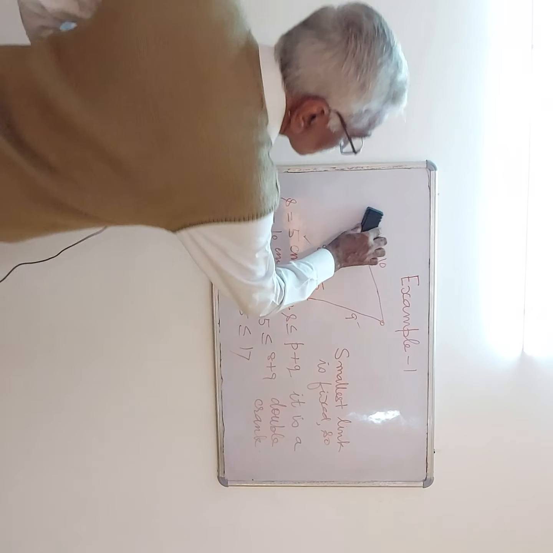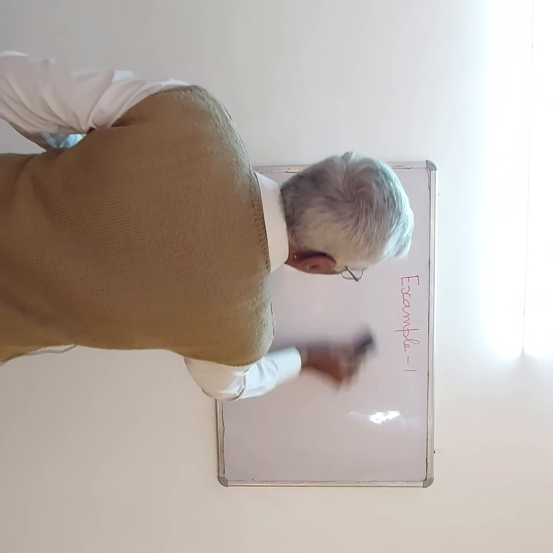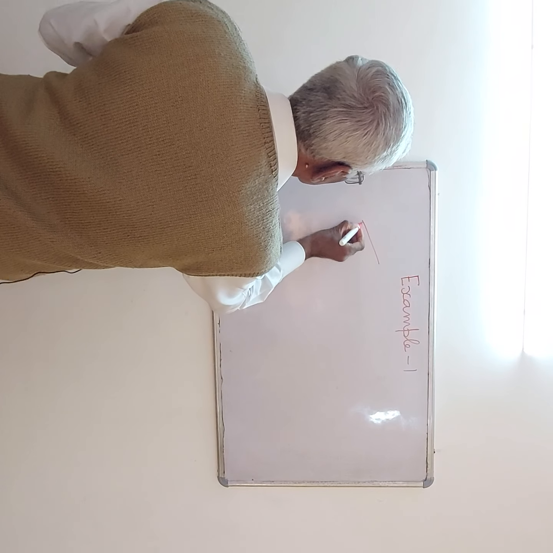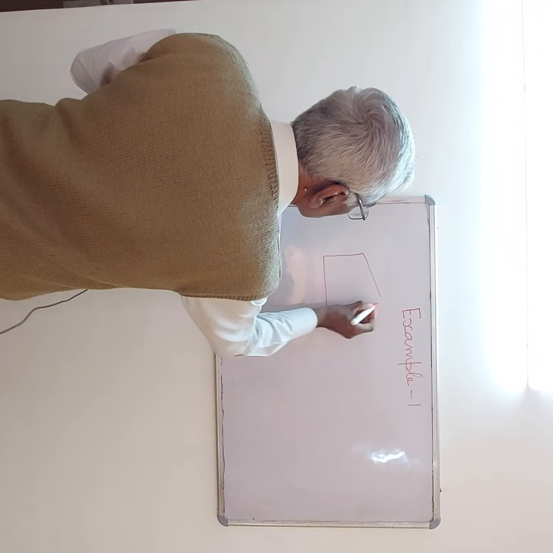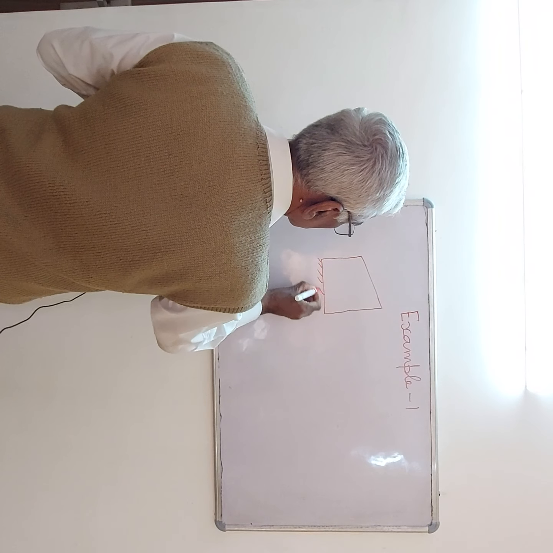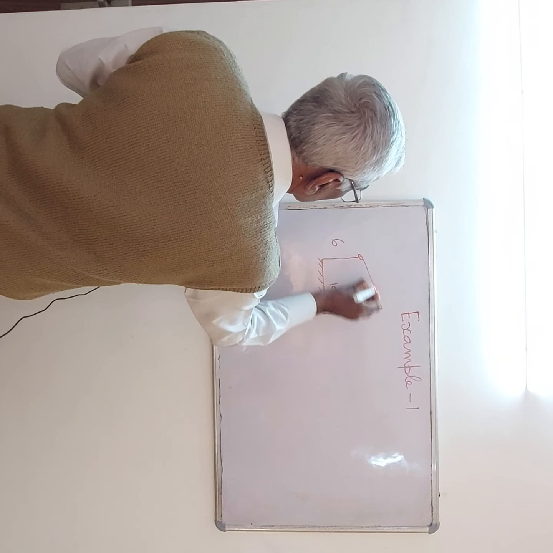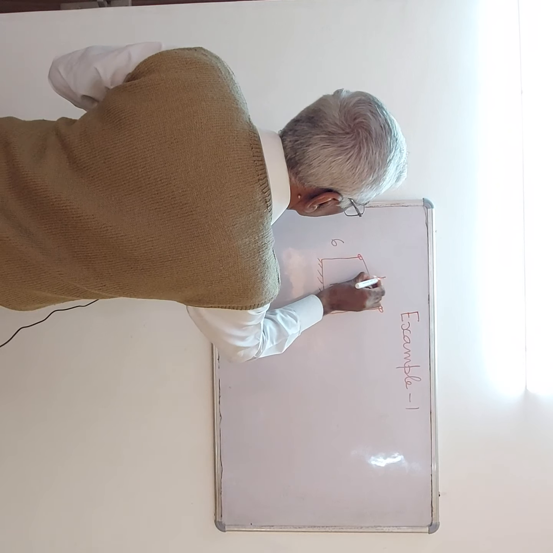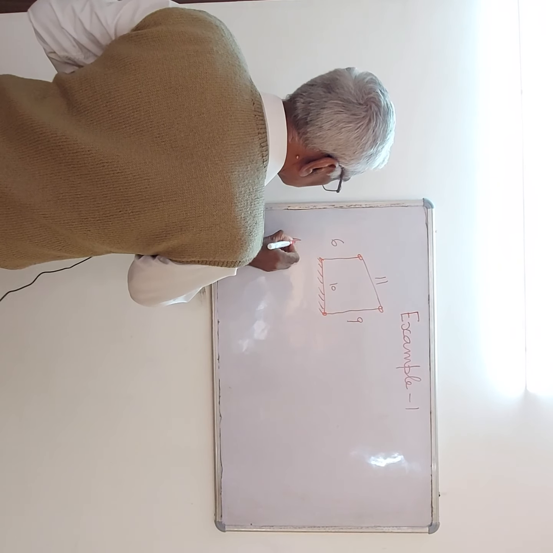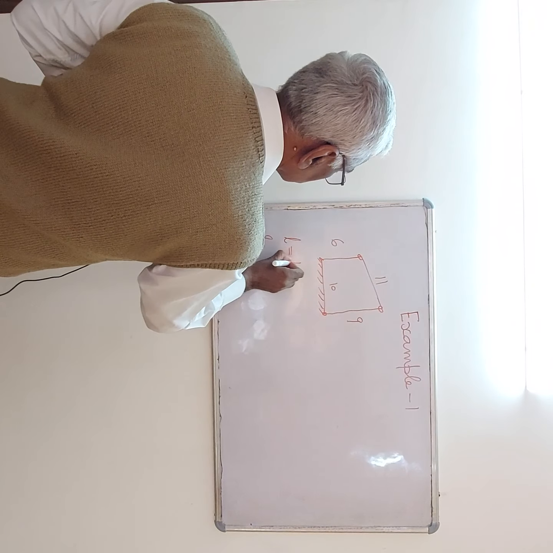Another figure will be like this. This is the mechanism. This arm is fixed. 10, 6, 11, 9. What is S? And what is L? Longest link L is 11.